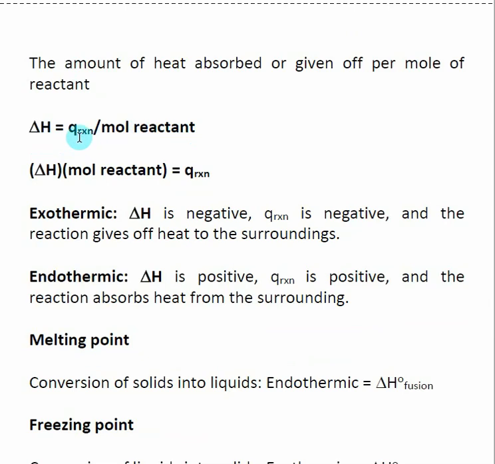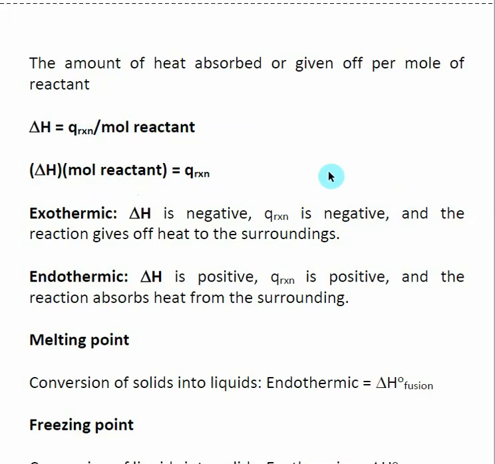And in this case, our reaction is going to be the phase change. Overall, what we're going to be looking at is the amount of heat being absorbed or given off during a specific phase change. So the variation of this equation that we're going to be looking at is Q reaction: enthalpy times mole of reactant is going to give us our Q of reaction.